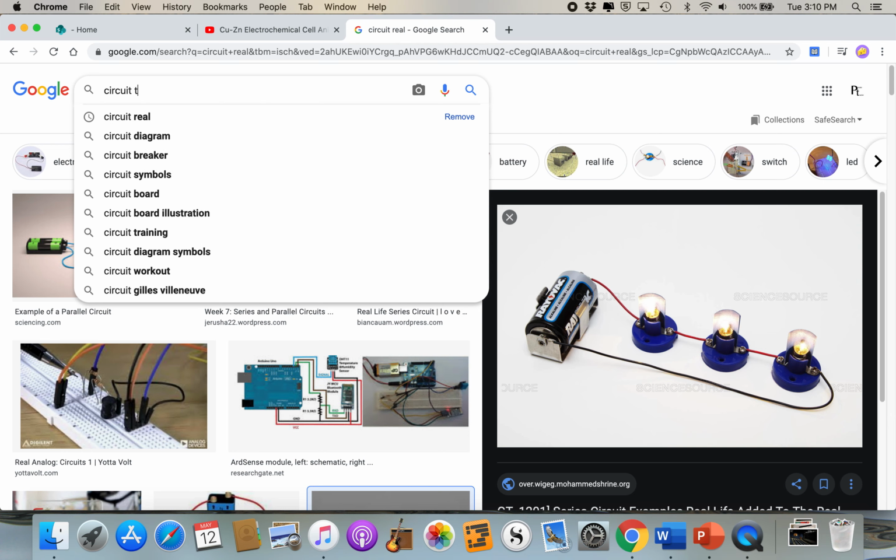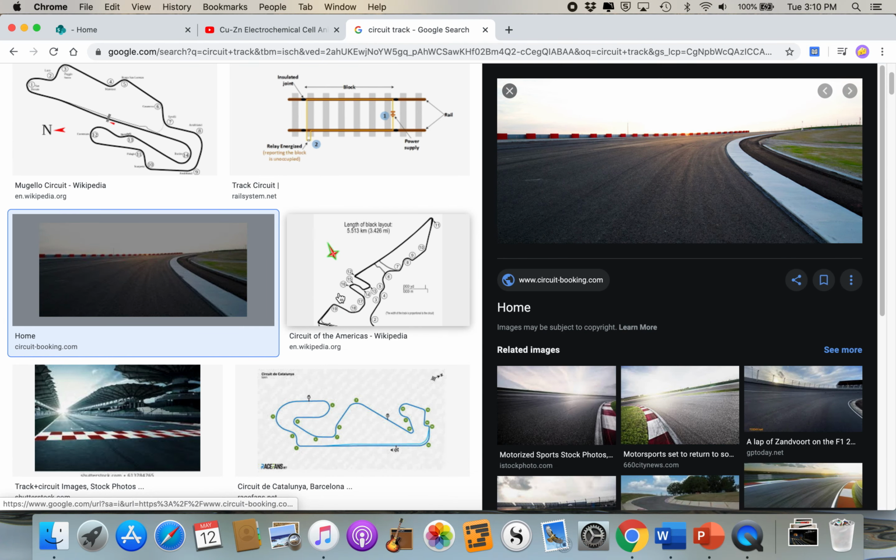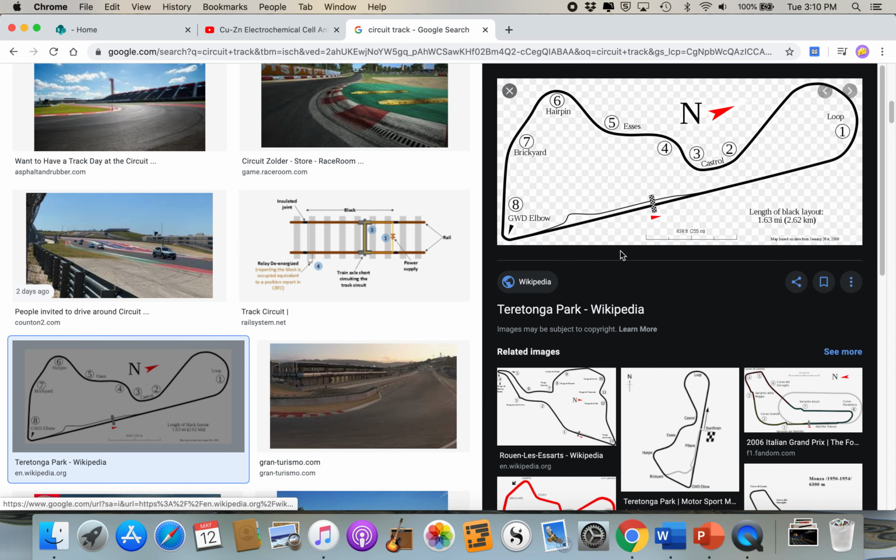And if I just look up circuit track real quick, we see the racetrack here, and this is exactly what I was thinking of. Here are some pictures of NASCAR or Formula One, right? If you think of car racing, they also race on a thing that's called a circuit, or a loop.